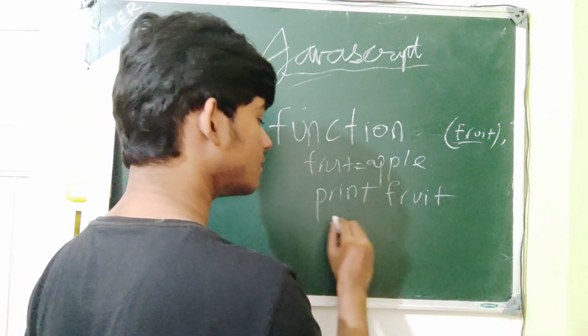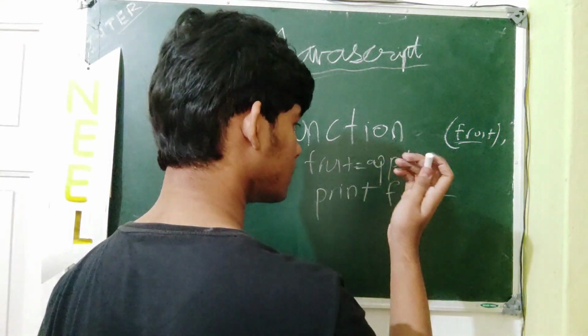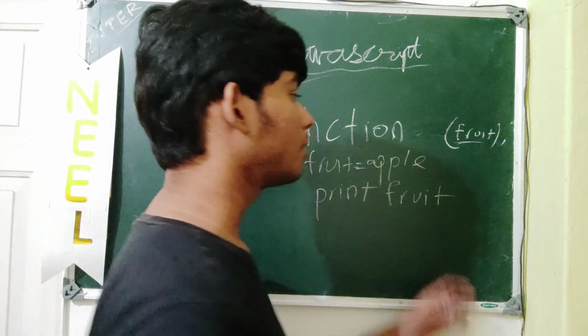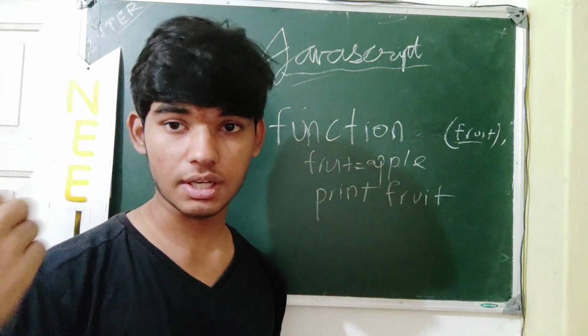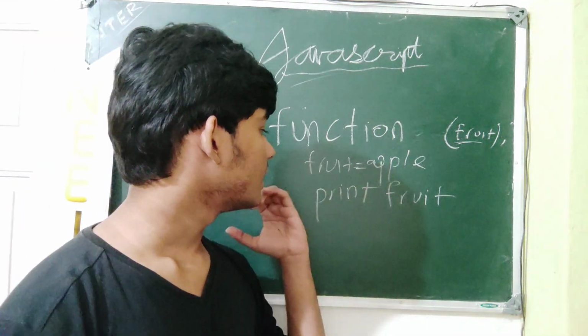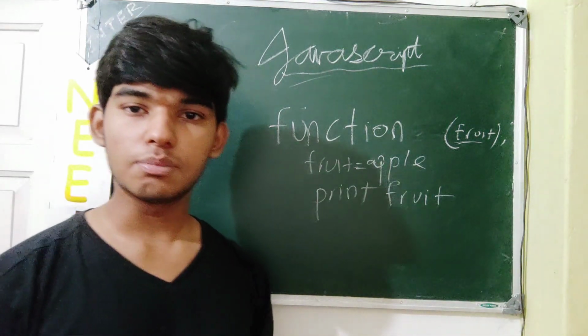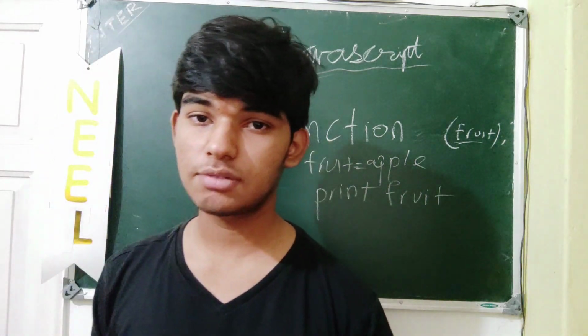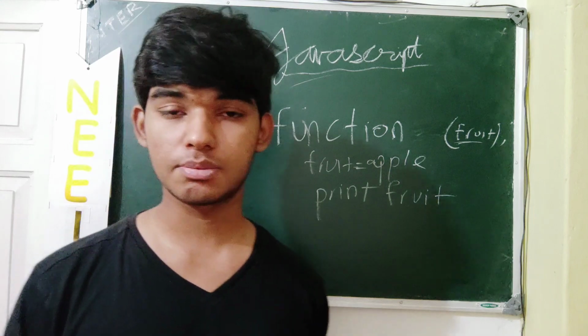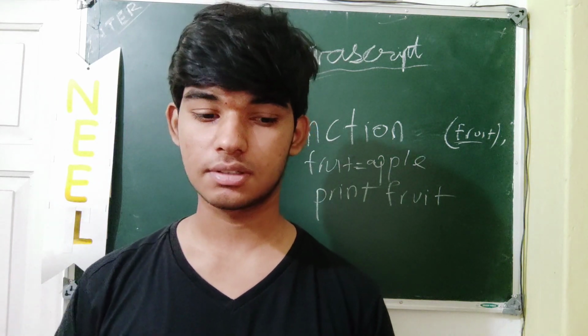So this is the parameter, and when you print the function, the value that you get is what you can call the argument, the value that is brought back when you call it in the code. Most of the time we don't really use the word parameter, we mostly just use the word argument. But that is the difference between parameter and argument.